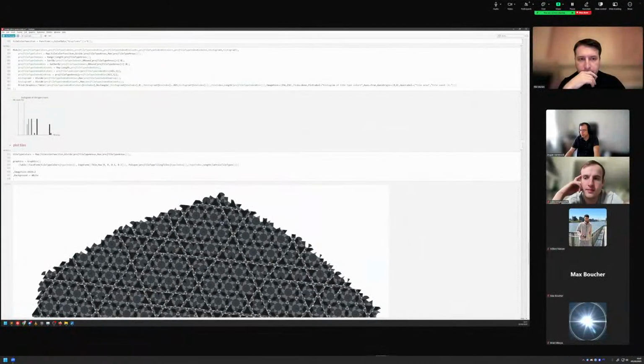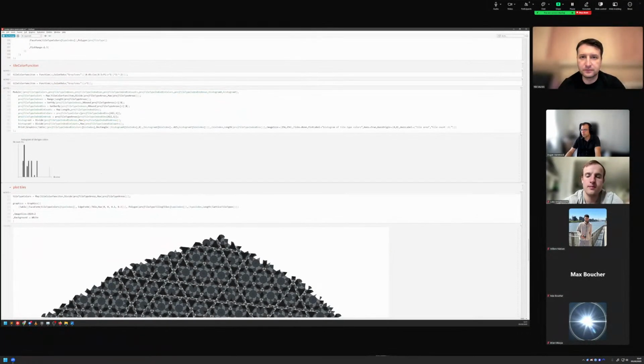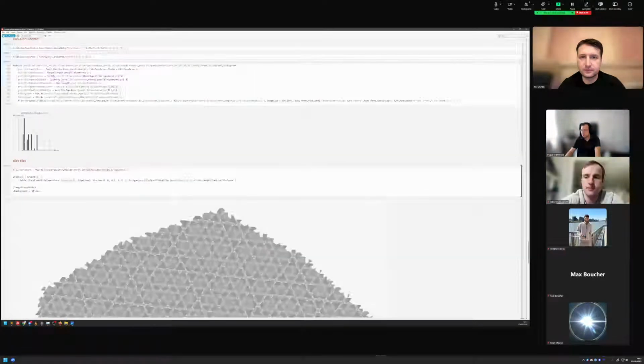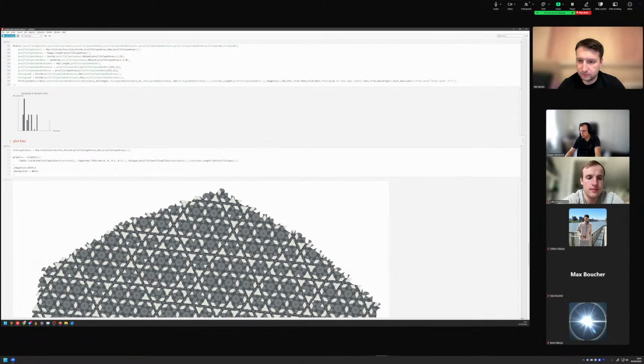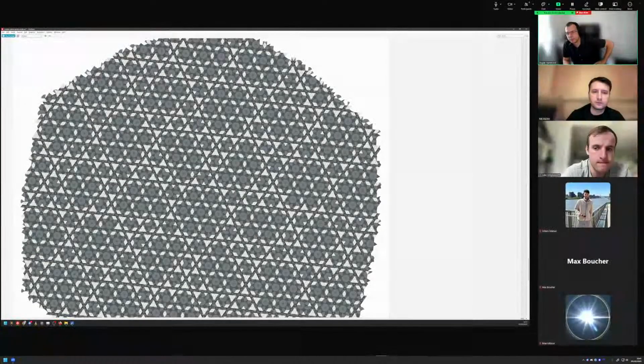Let me change the color function. Ooh. Yeah, so it has its own flavor, its own texture. And if I picked a different projection plane, then you get something that's quite different.